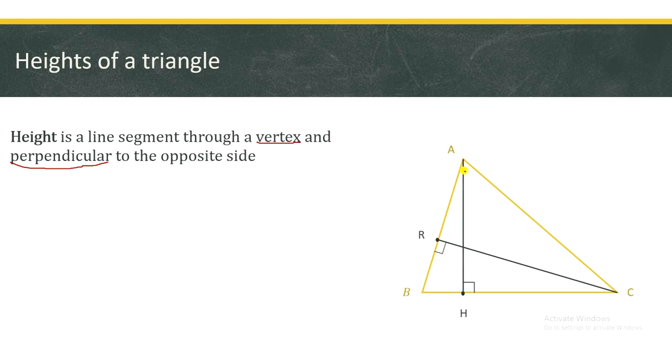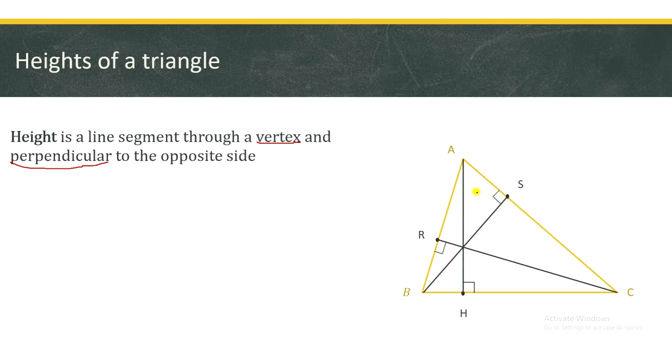So CR is the second height. We can also draw the third one. BS is the third height in triangle ABC, issued from the vertex B. So the angle BSA is 90 degrees.